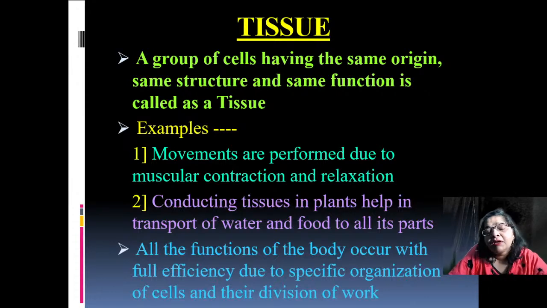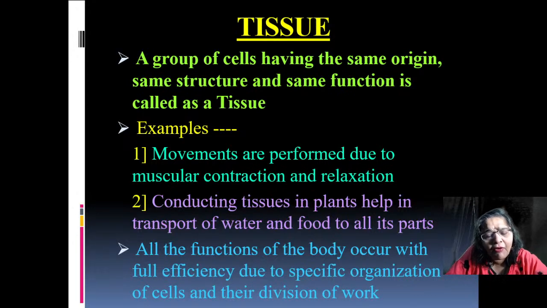These conducting tissues may have different structures and of course perform different functions, but the water conducting tissue is again a group of different types of tissues. Such complex tissues also perform similar functions.